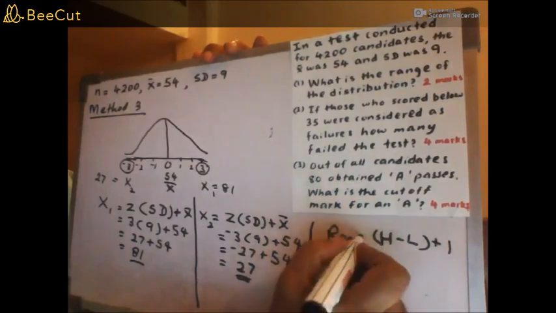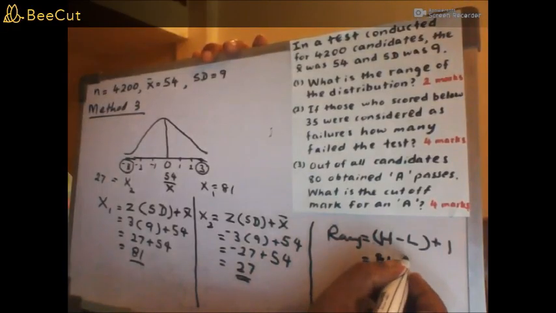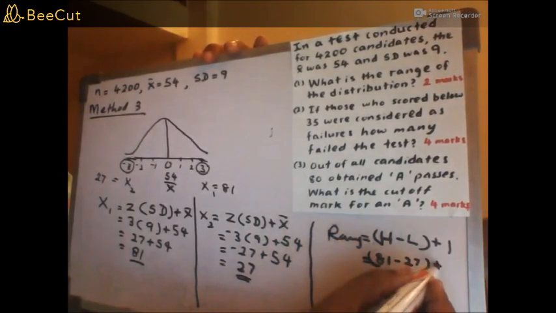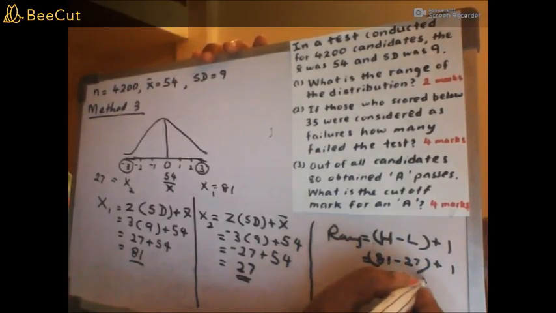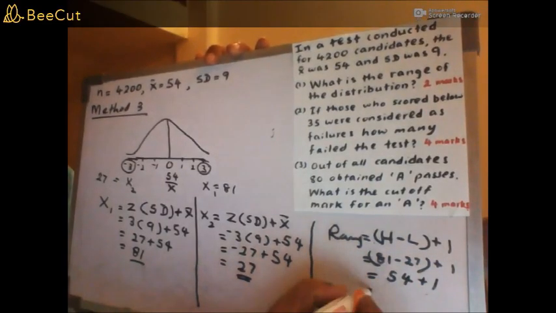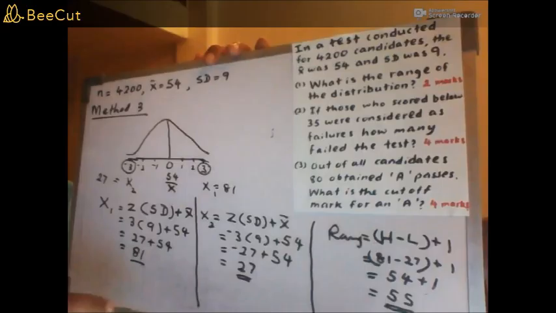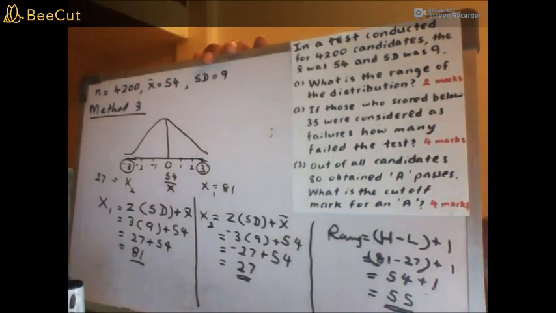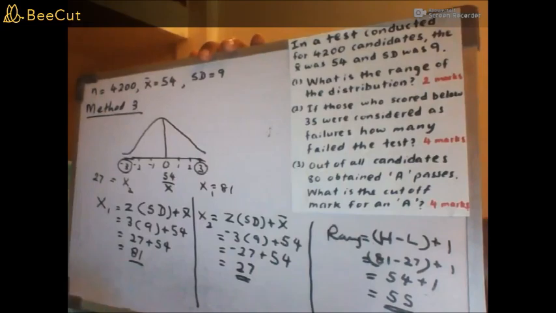So highest is 81 minus 27 plus 1, 54 plus 1, the answer is 55, right? So those are the three methods that you can calculate the range using the normal distribution.